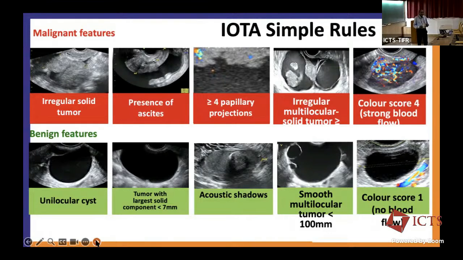They said, if any image has at least one malignant feature, then you classify it as malignant. If you have two or more benign features, then you classify it as benign. This is a very simple classification. These are called the IOTA simple rules.